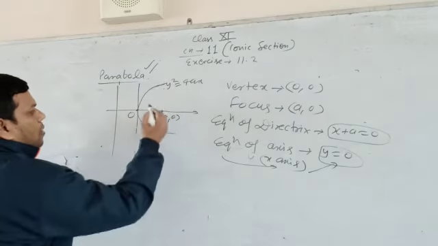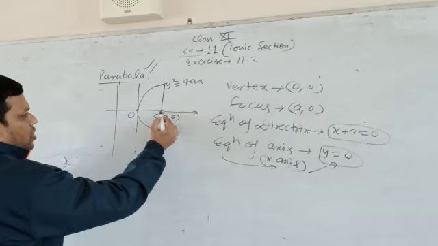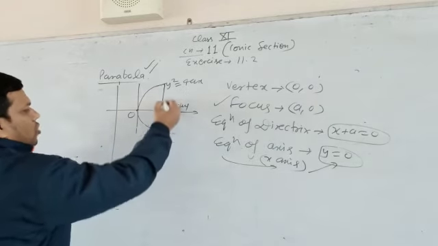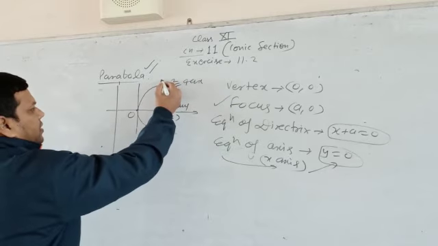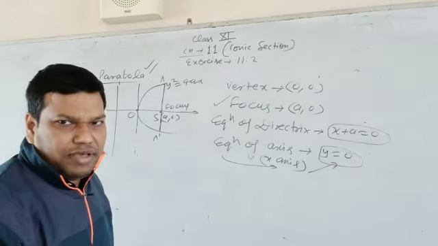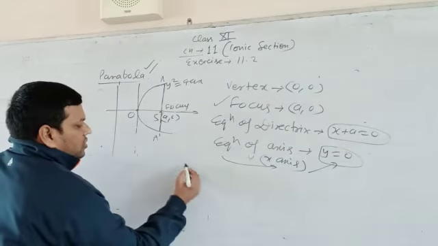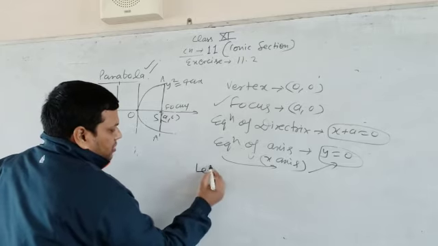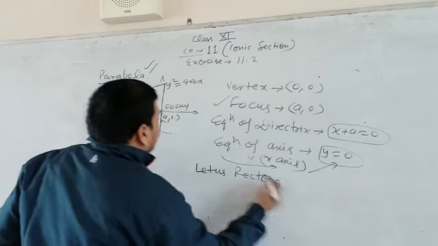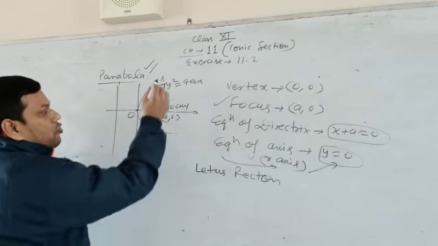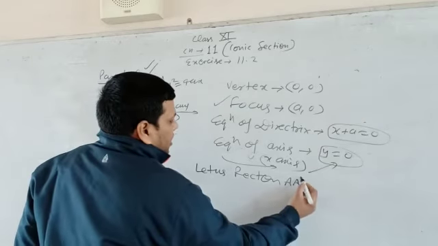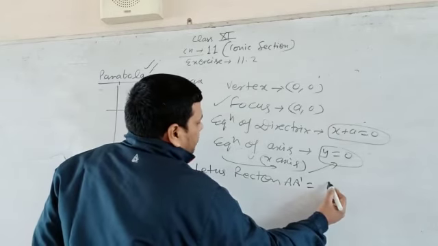If we draw a perpendicular from this focus, as I have mentioned, like that, it is A and A dash. You can give any name. So this is called the latus rectum. What is this latus rectum? It is the length of the perpendicular at the focus in the parabola, that is A dash, and it is given by 4a.